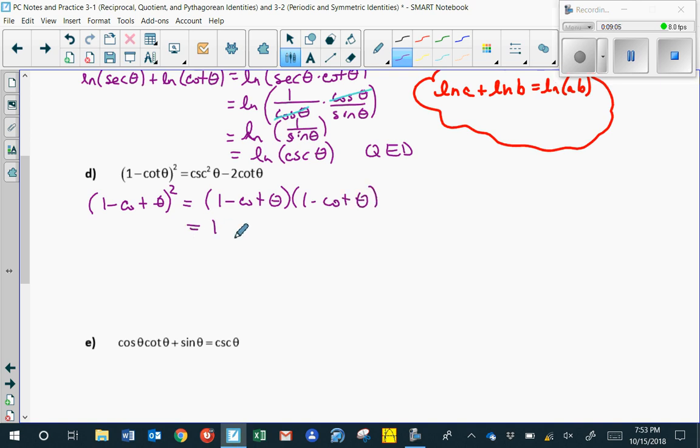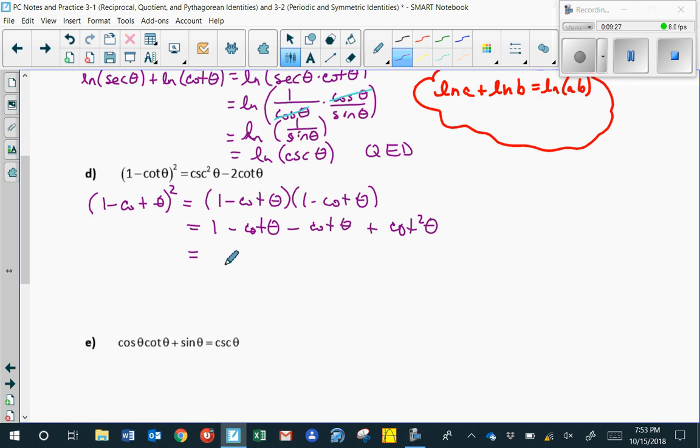The product of the firsts, 1 times 1, is 1. Outers, minus cotangent of theta. Inners, minus cotangent of theta. And lasts, a negative times a negative will give us a positive cotangent squared of theta.